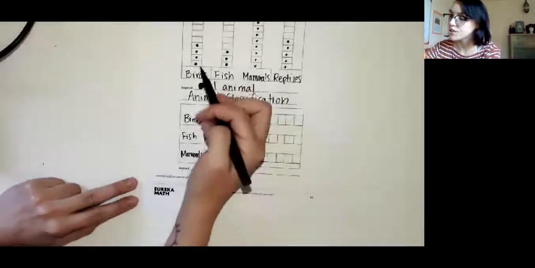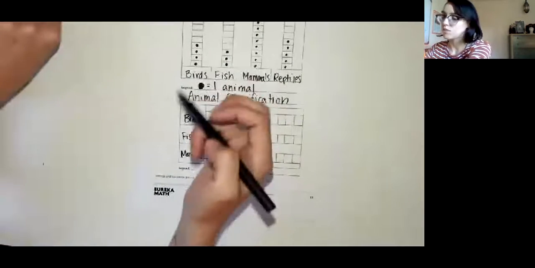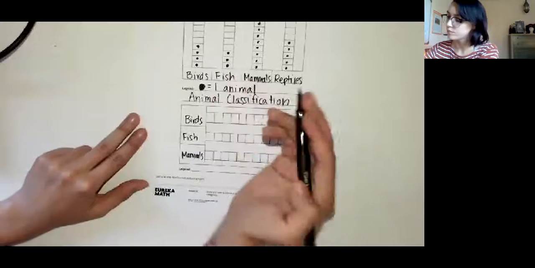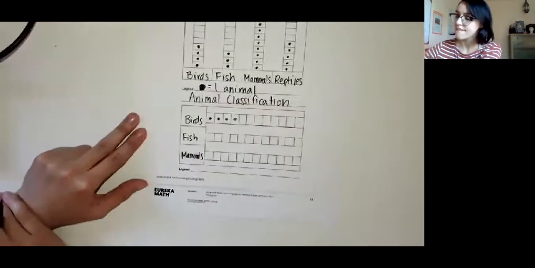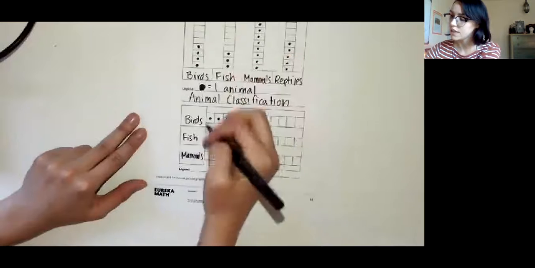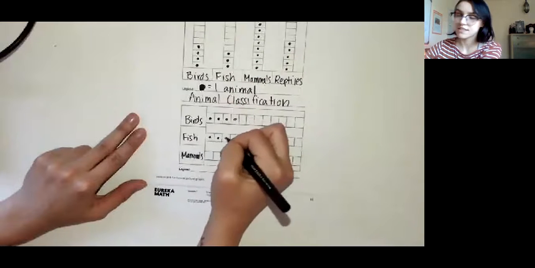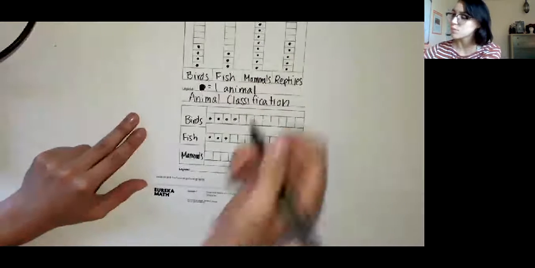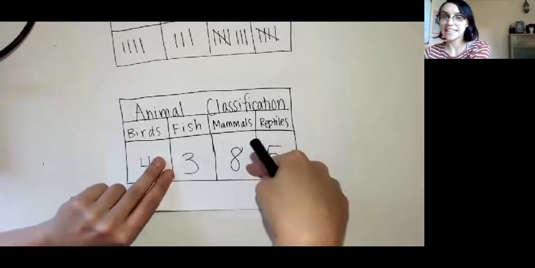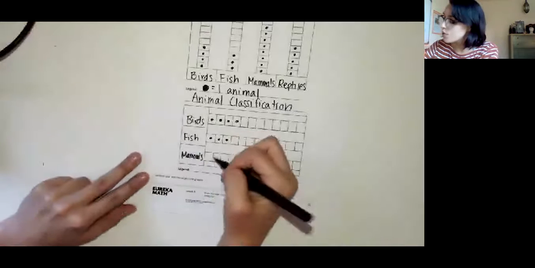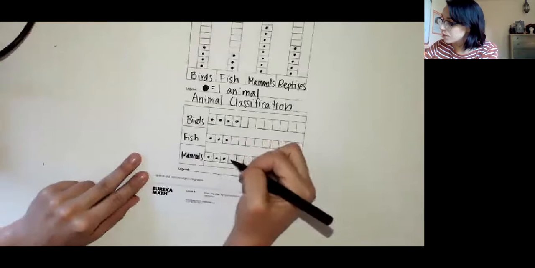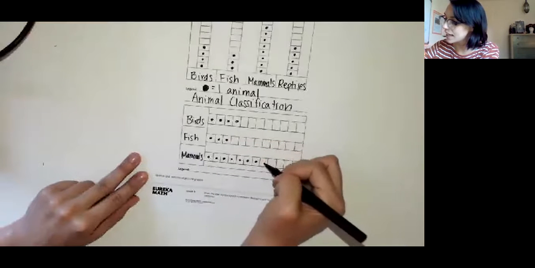All right, birds, remember we had 1, 2, 3, 4. So we're just going to do 4 dots next to our birds. Fish, we had 1, 2, 3. So we do 3 dots for our fish. Mammals, there were, let's look at our data, 8 mammals. 1, 2, 3, 4, 5, 6, 7, 8.